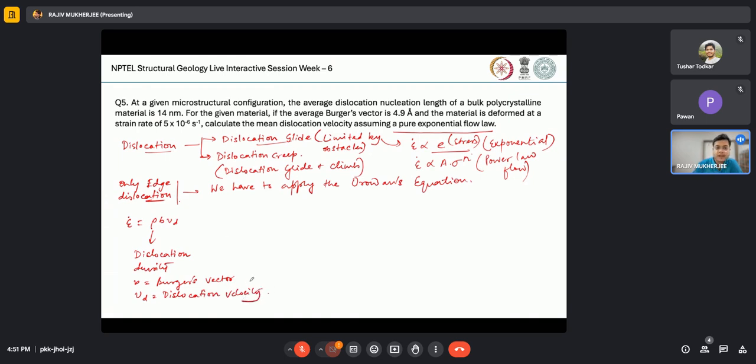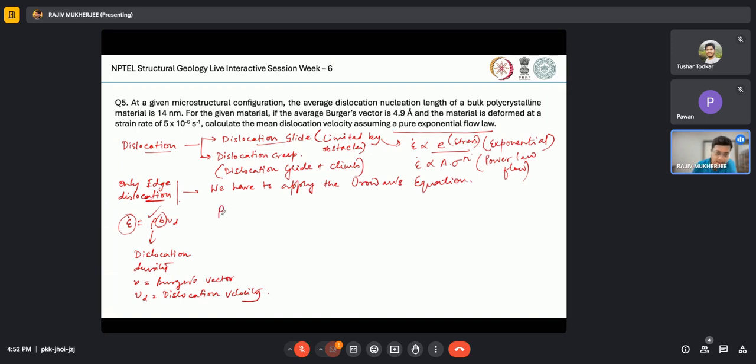Now, what have we been given? We have been given the strain rate, and we got the Burgers vector. So if we could determine the dislocation density, we can easily estimate the average dislocation velocity, or the mean dislocation velocity.